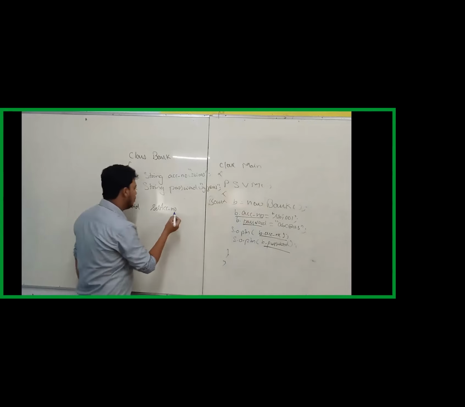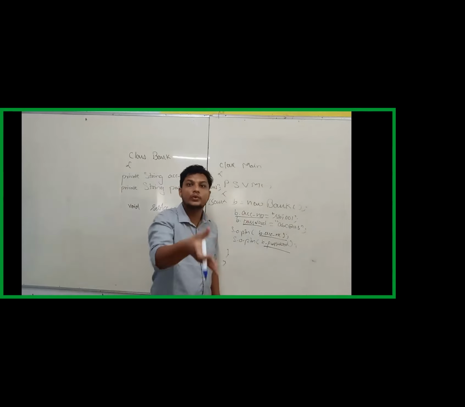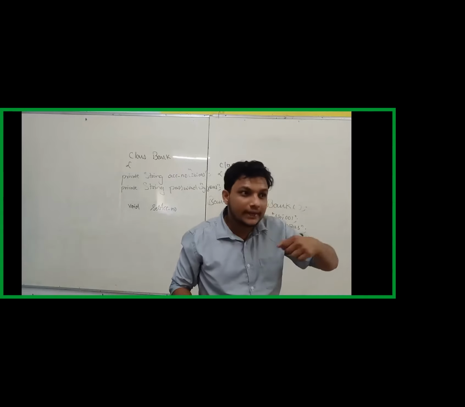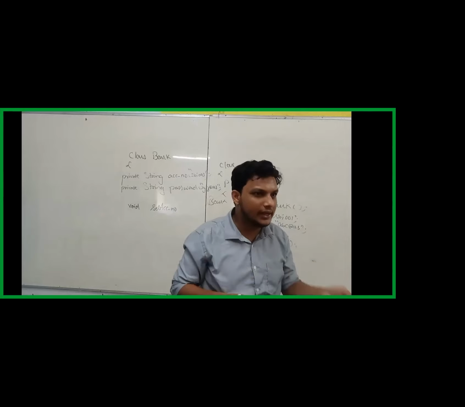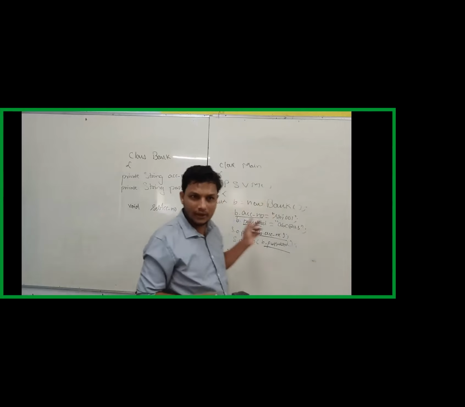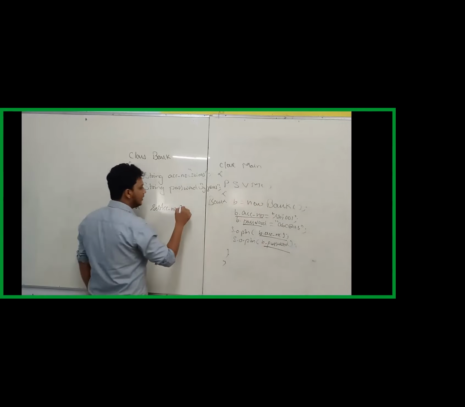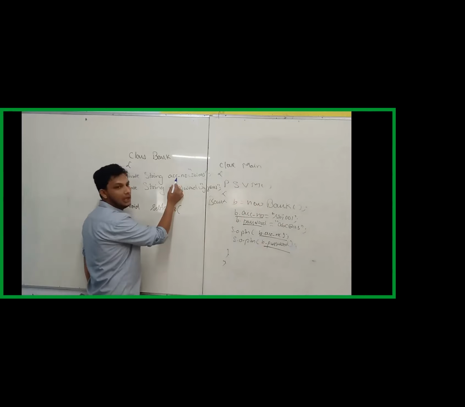Now what does the method contain next? Parameter. When do we use a parameter? When we want to collect something. Now I want to set the data, means I need to collect it. Then only I can set the data, right? So does this contain a parameter? Yes. The string account number. Now tell me, I want to collect and set the data in what? Account number.